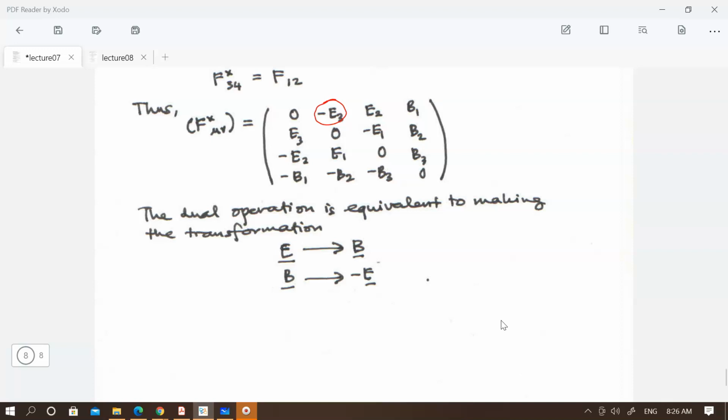So that gives you a feeling of an example where you have a totally antisymmetric tensor, and it describes a physical thing, which is your electric field and magnetic field in one single object.